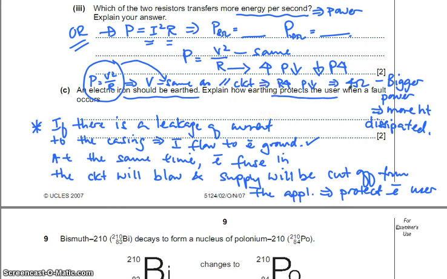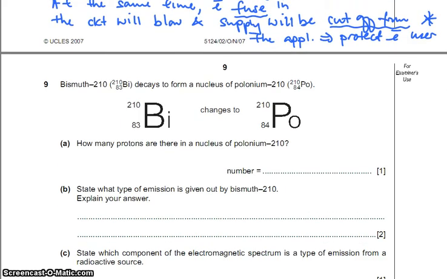So you have to first of all explain about this leakage current, and then it will flow to the ground, and then the fuse will blow, and then it will cut off or isolate the supply from the appliances. Okay, this is very important. So remember, this is the explanation for earthing, just in case the exams come out with this question on earthing. Clear? Okay, this is not in the syllabus, so don't bother.